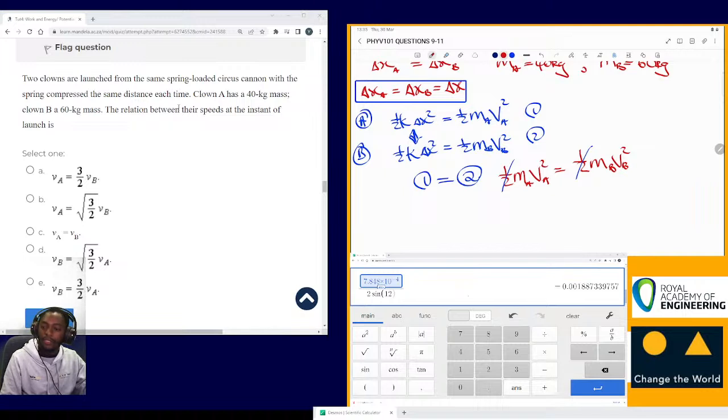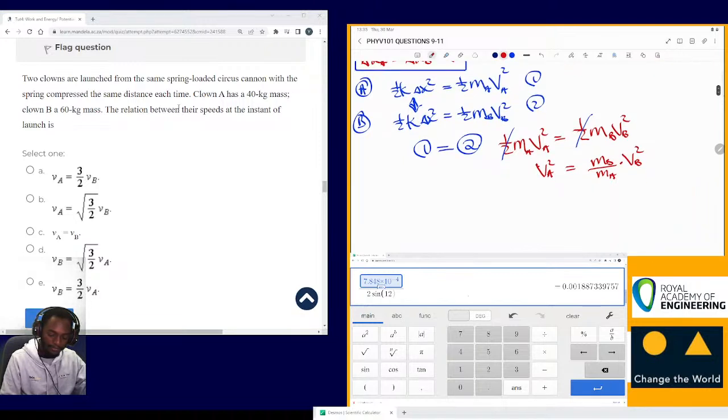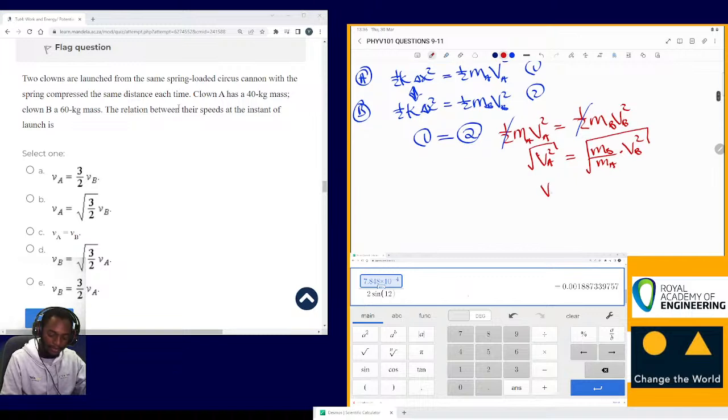And we want the relationship between A and B. So we can make A the subject. So vA squared is going to be equal to mB over mA times vB squared. So we can put a square root on both sides. So this will remain vA equals the square root of mB over mA times vB.